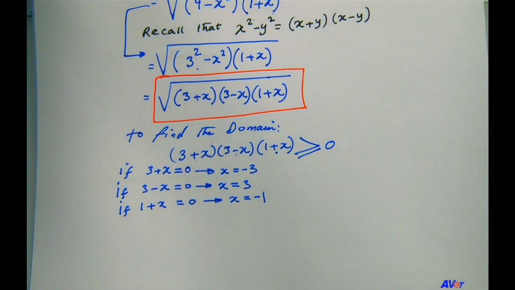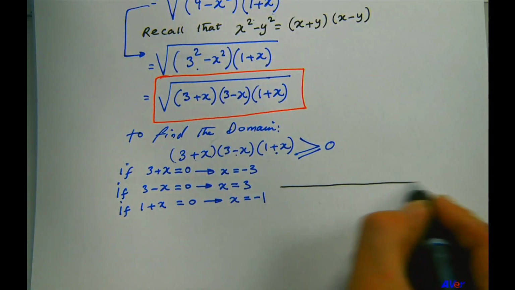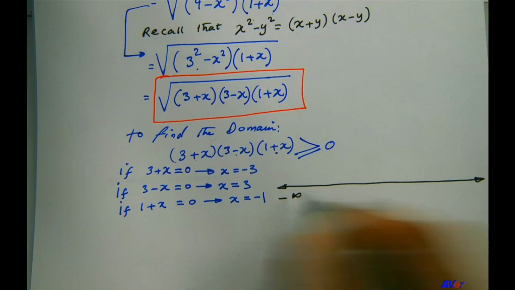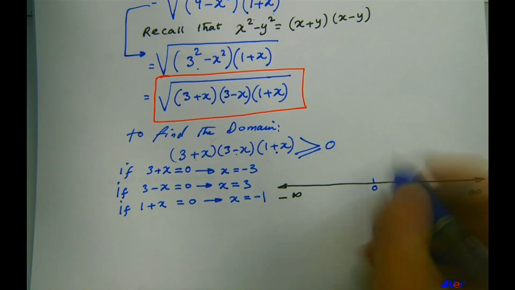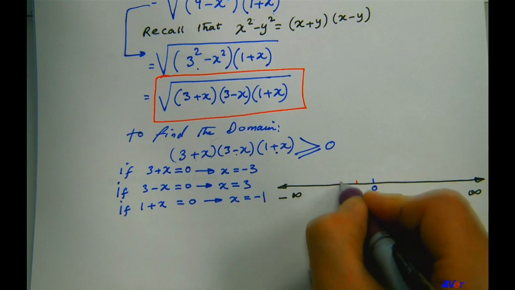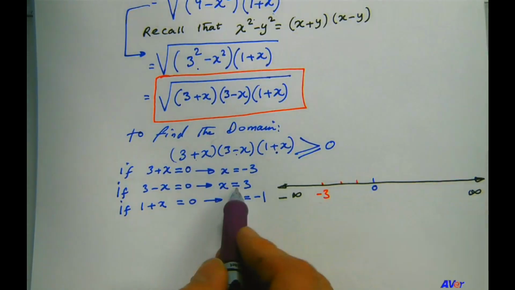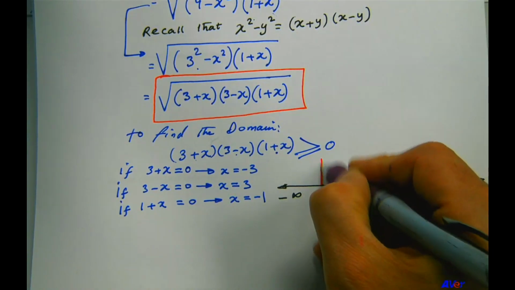Okay, so what does this do? It now splits the real number line into several segments. We have 0 in the middle, right? x equals negative 3 would be somewhere here. And we can have x equal to negative 3, right?